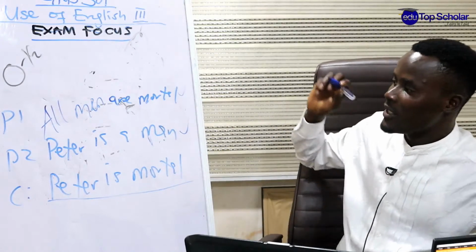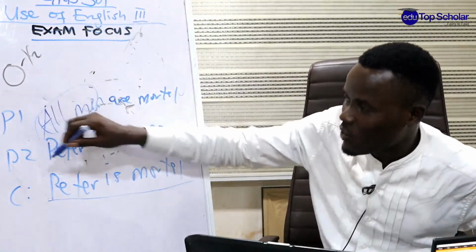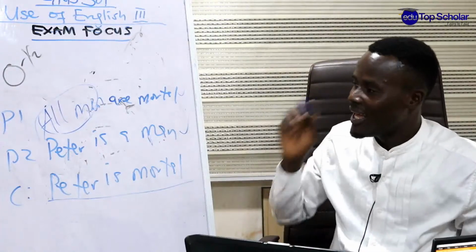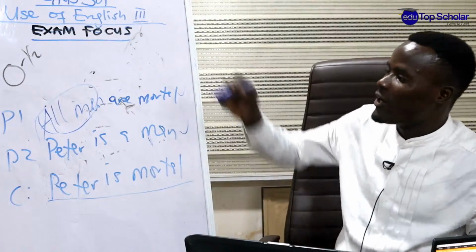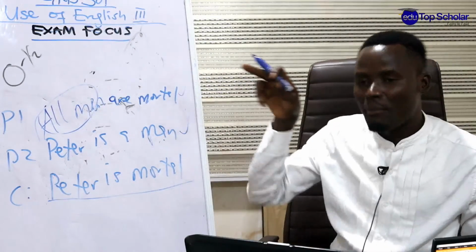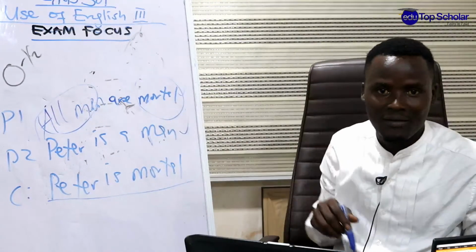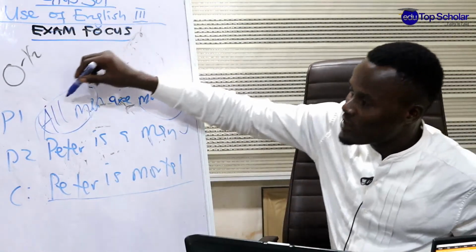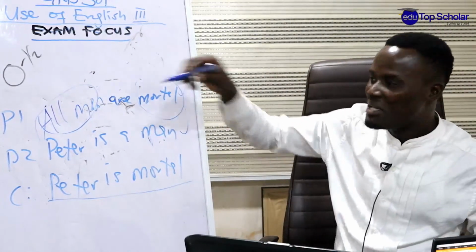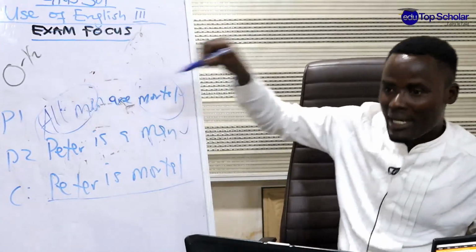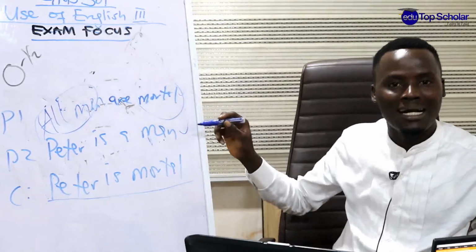Why? It's valid because we have said all men. This is called generalization. Anytime you see all, it means nobody is exempted. So when all has been given, anything being part of the whole must share the value of the class of the whole. If all men are mortal, if all men are short, if all men are tall, if all men are black, anybody who is a man must also be black.